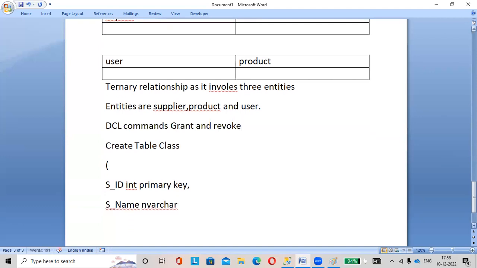Why do we use the grant command? To grant privileges to the users. Why do we use the revoke command? To take back the privileges which are granted to the users when he or she is leaving the organization.